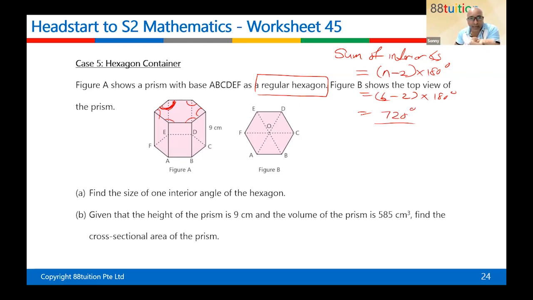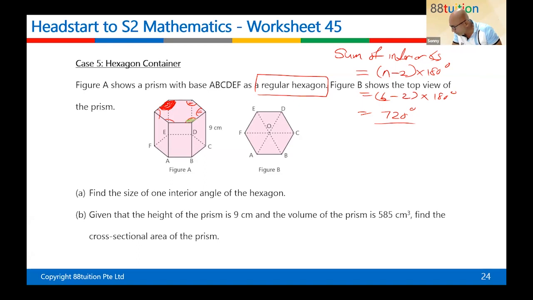Okay, Zikai, almost there, but look at what I'm showing you. You've got to find this. You saw that? I've highlighted that in red. You're almost there. So the sum of all these 6 angles gives you 720 degrees. So to find one angle here, I can highlight that in green if you want.